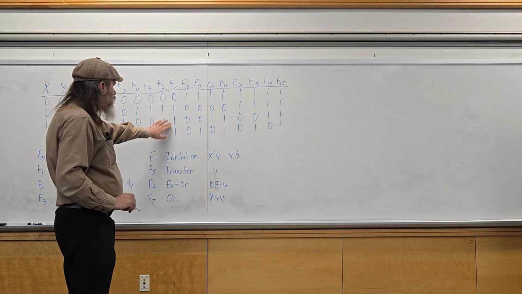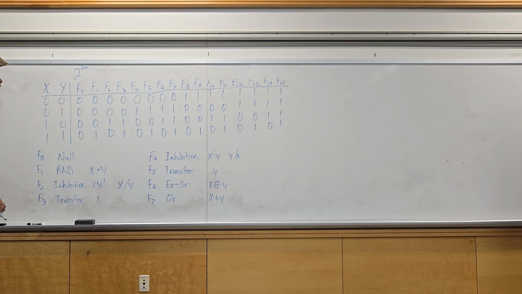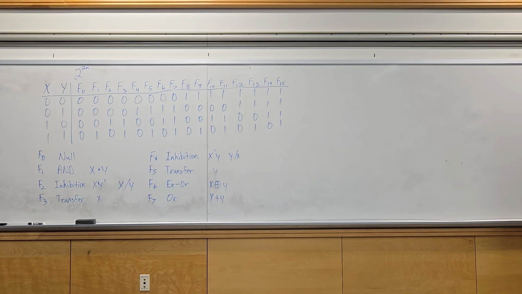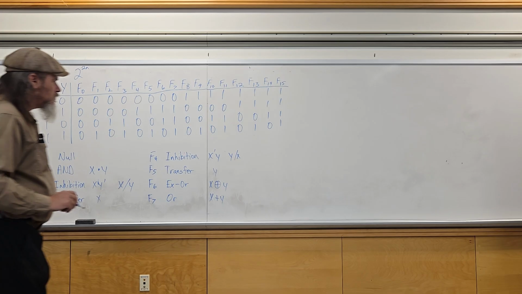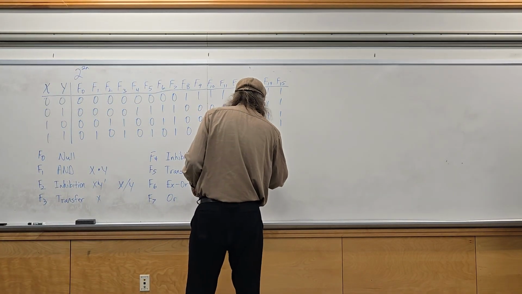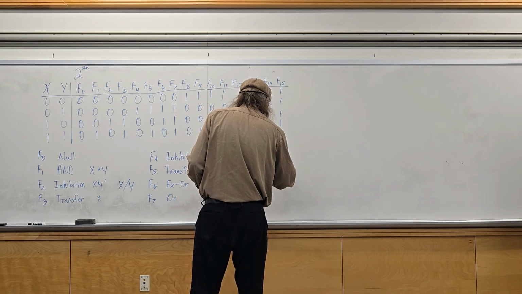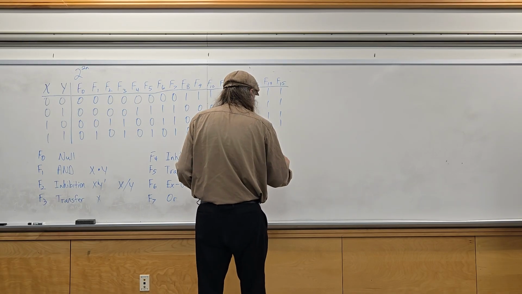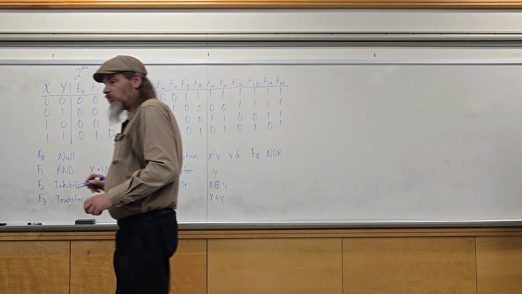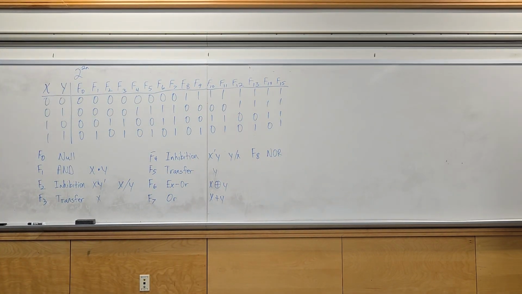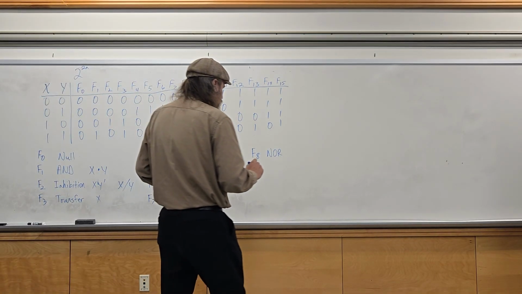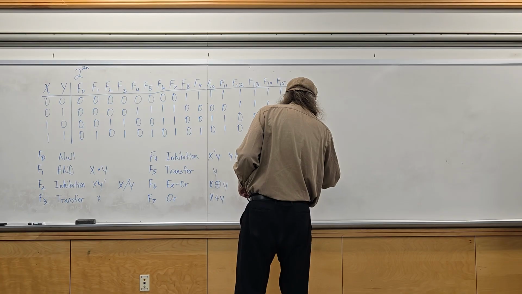Seen that before. F8 is NOR. There is a symbol for that. It's an arrow pointing down. So it would be X, arrow down, Y.